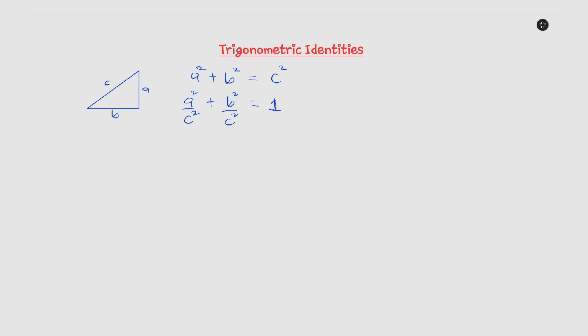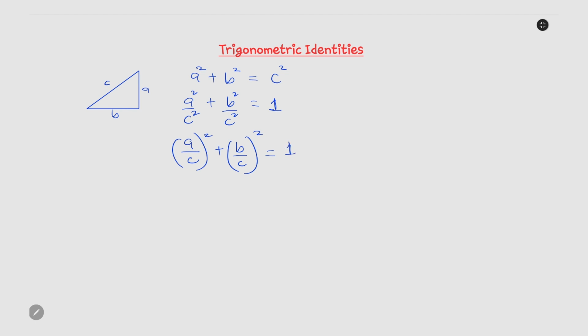You remember from laws of indices, we will have that being a over c squared plus b over c squared is equal to 1.